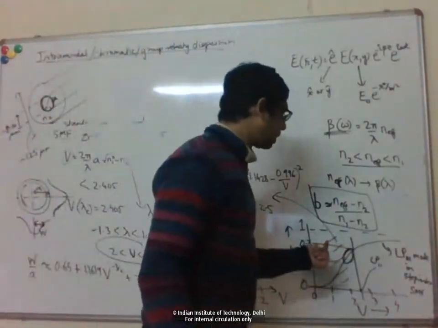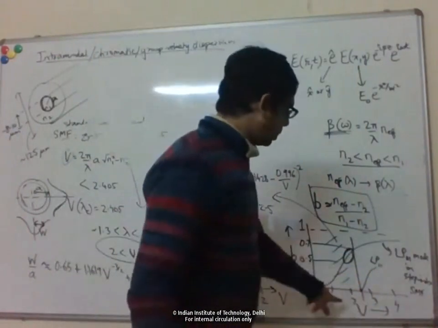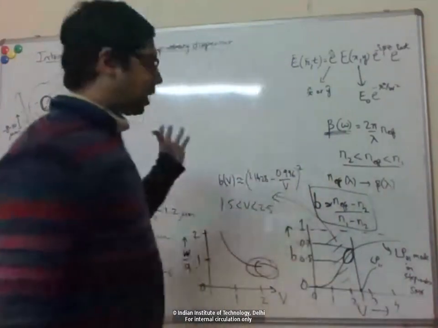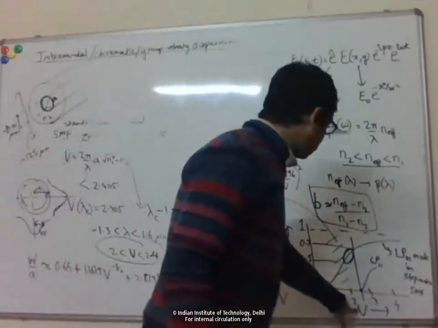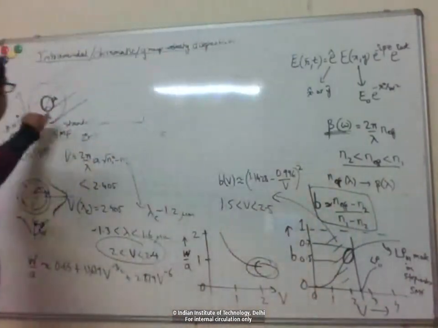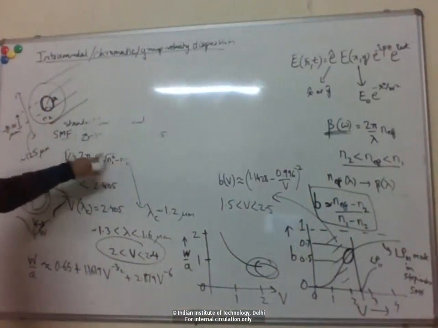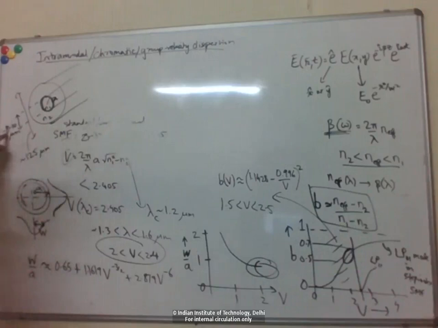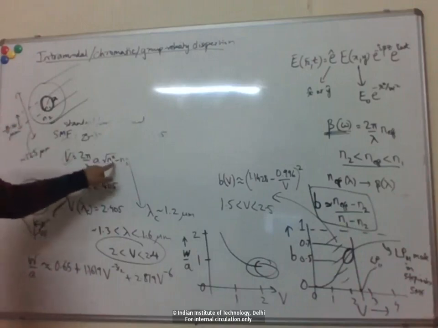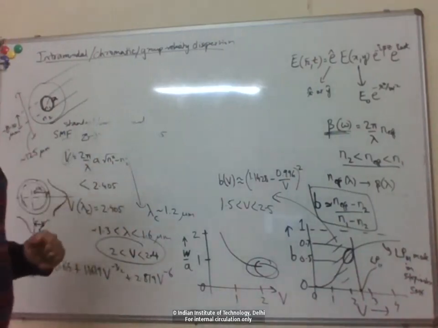So basically, what this is saying is that for a step index fiber, this curve is universal, right? For any given fiber, you just calculate the V number, and you can get the value of the propagation constant, irrespective of the details of the individual fiber. One fiber could have a core of 8 micron, another 10 micron. In one case, the index difference would be 10 to the minus 3, in another case, let's say 5 times 10 to the minus 3.